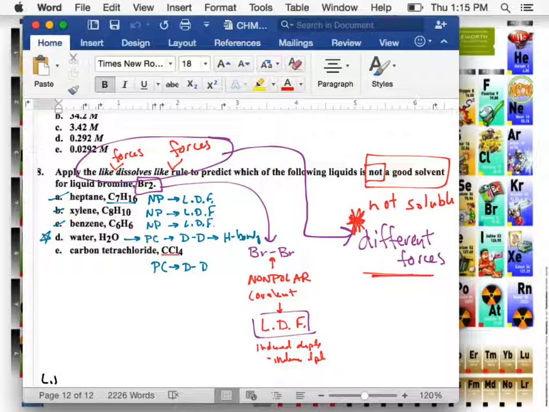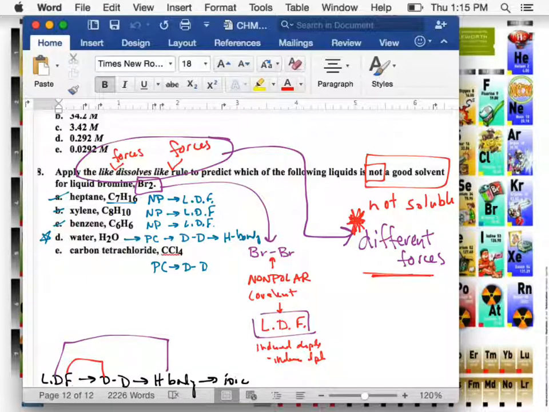It started with London dispersion, forces at the weakest, that went up to dipole-dipole, that went up to hydrogen bonding, which then went up to ionic. If we compare LDF to dipole-dipole versus LDF to hydrogen bonding, which one's the most different? Hydrogen bonding, which means our answer becomes D, water.